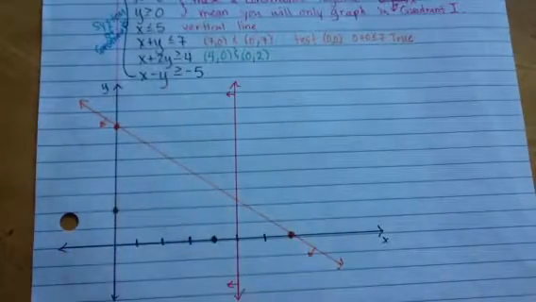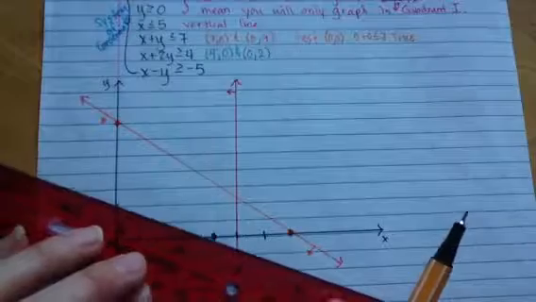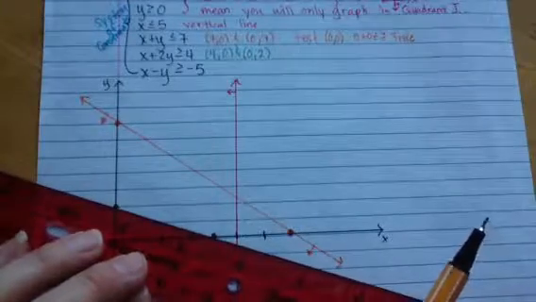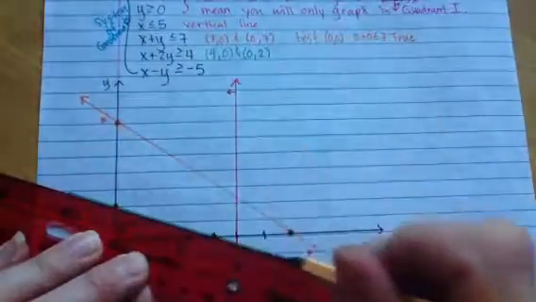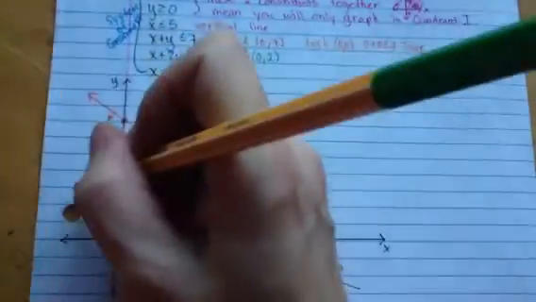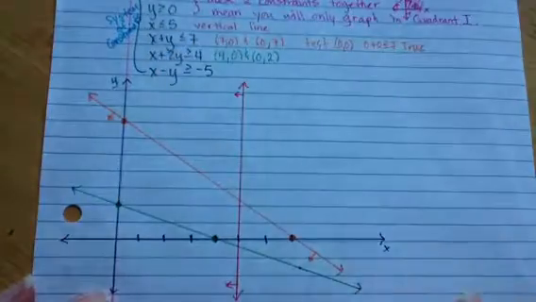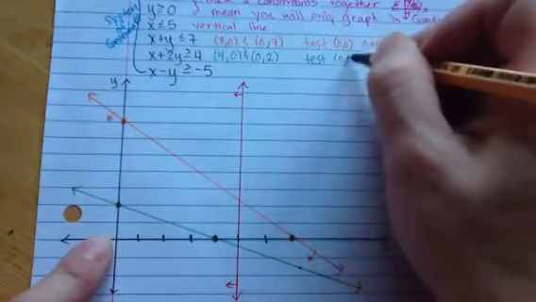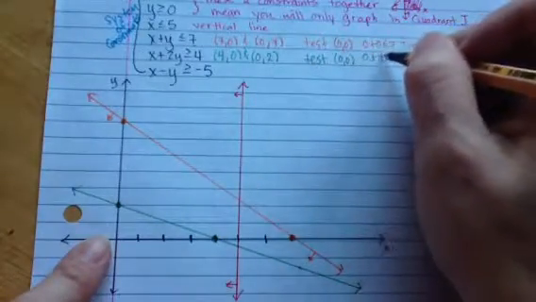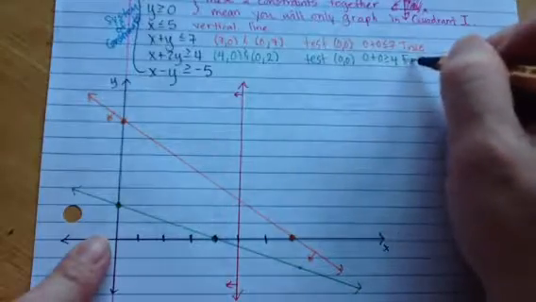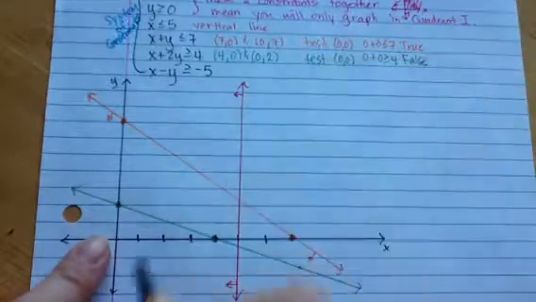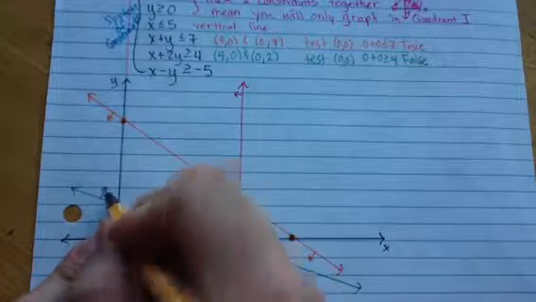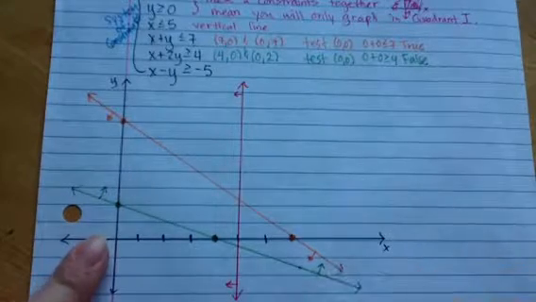This is a solid line as well. We'll graph that. And test 0, 0 gives me 0 plus 0 is greater than or equal to 4, which is false. So I'll be shading away from the origin, so that will be above the green line here.